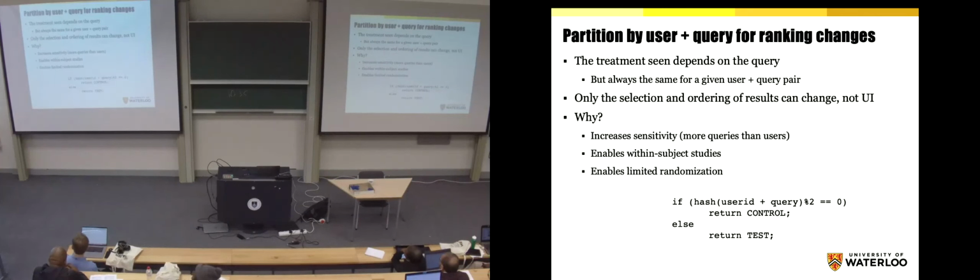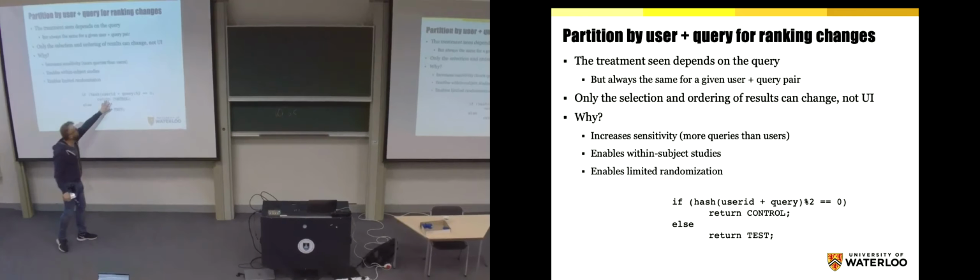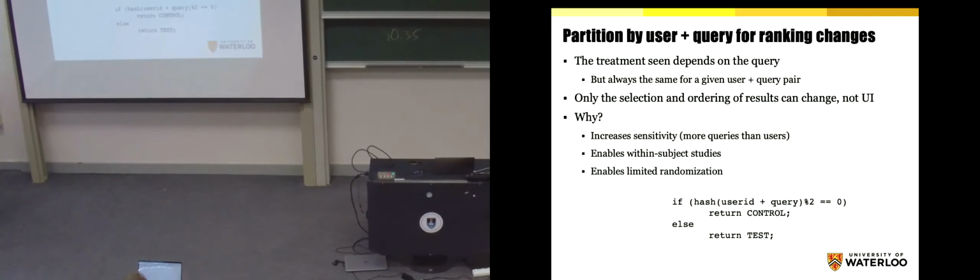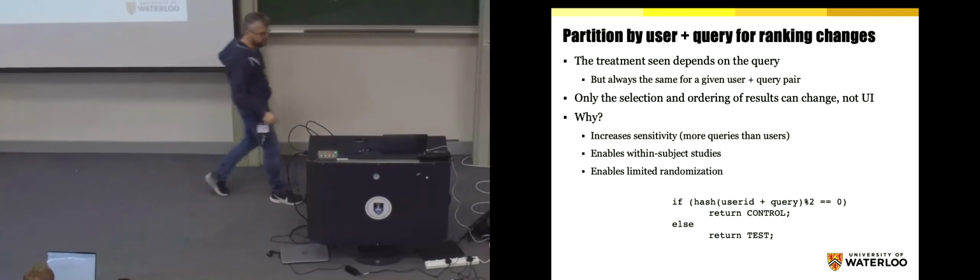The reason I want to do that is that I can then do within-user experiments, right? So it increases the sensitivity. There are more queries than there are users, and so I can smear my A/B testing out across all my users, right? So I somehow take the user ID and the query, hash them together, and decide whether to do control or test. Okay. All right.